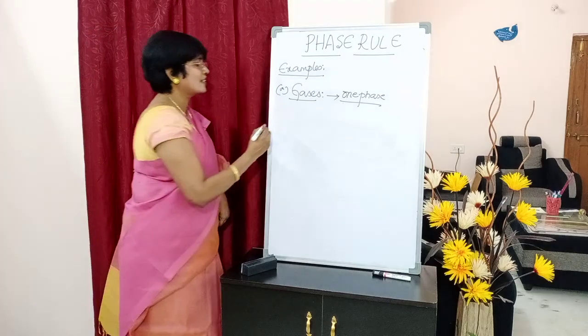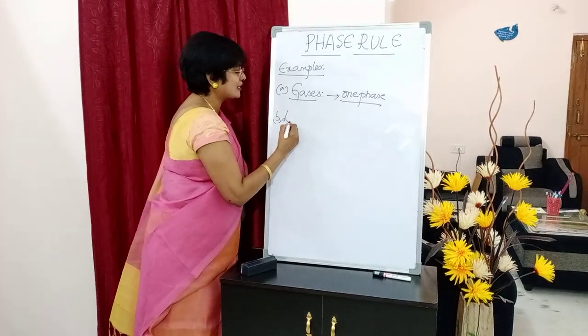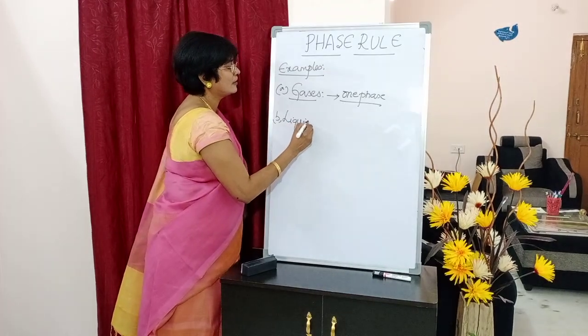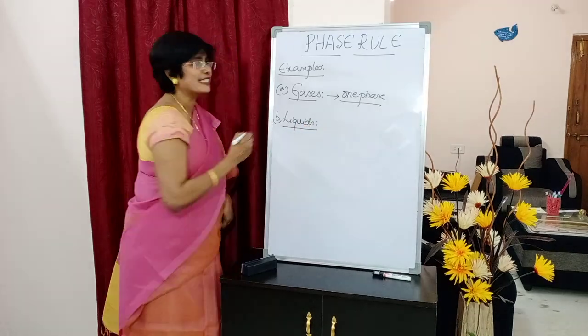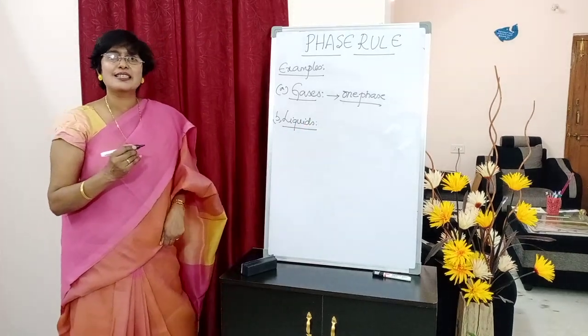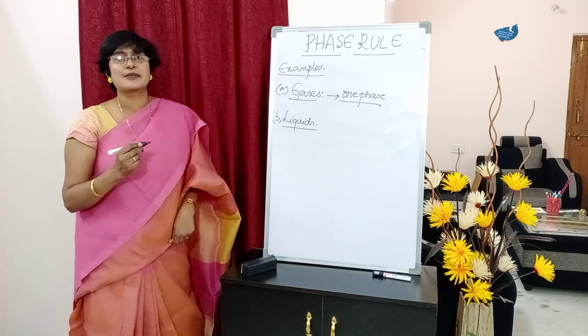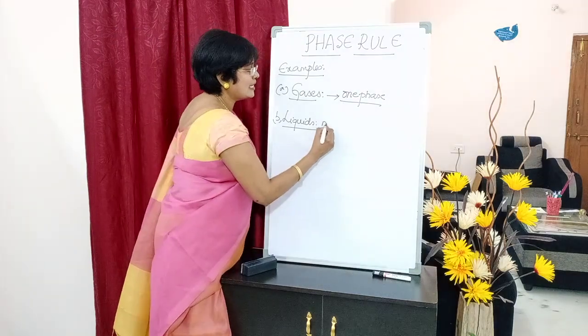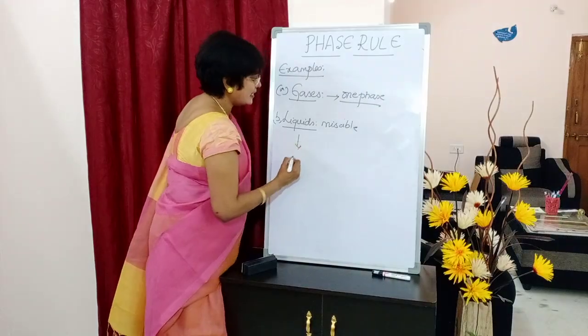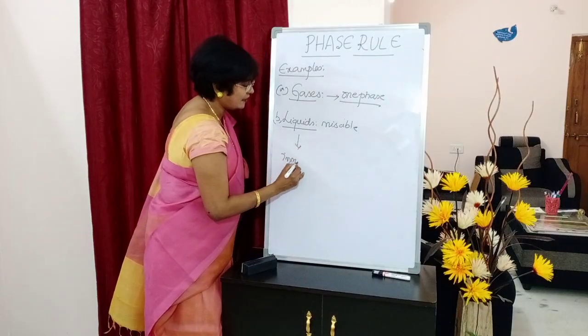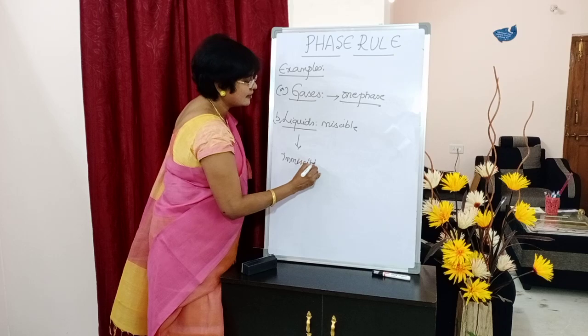Next, coming to liquids. Students, in liquids there can be two types. What are they? One is miscible and the other one is immiscible. What is the difference between miscible and immiscible, students?